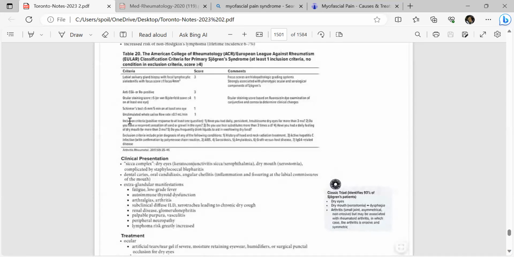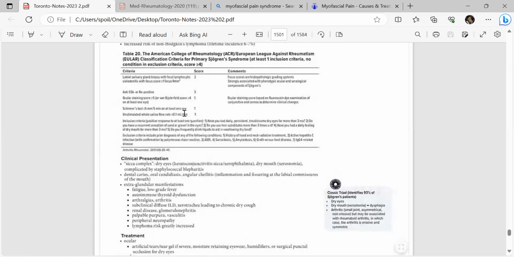And unstimulated whole saliva flow, the point is 1. Okay. So this is the criteria and this is the score. So labial salivary gland biopsy, and if it's showing lymphocytic infiltration, again, it's very blurred for me to read, the score will be 3.